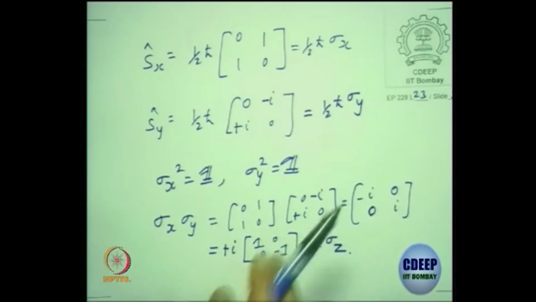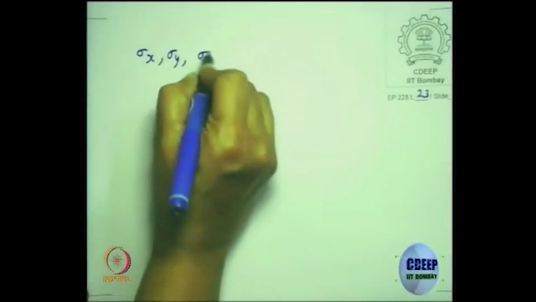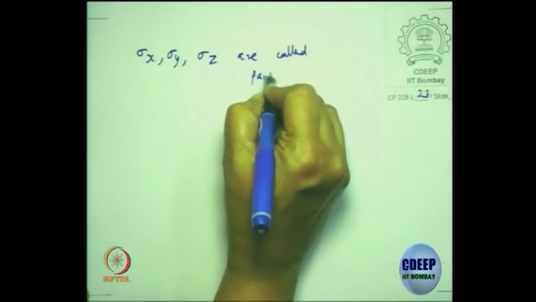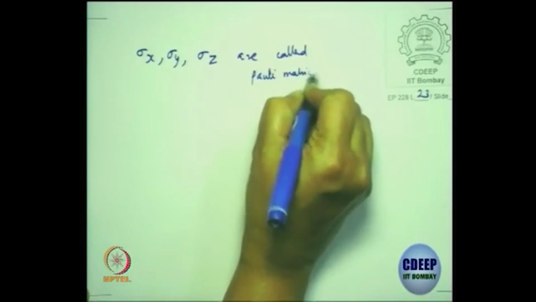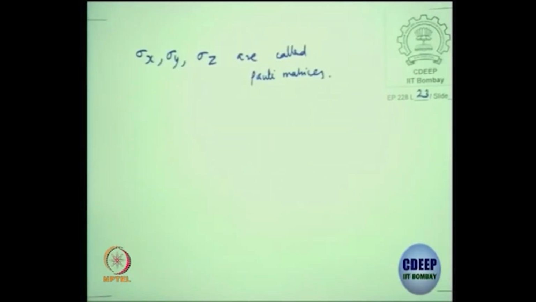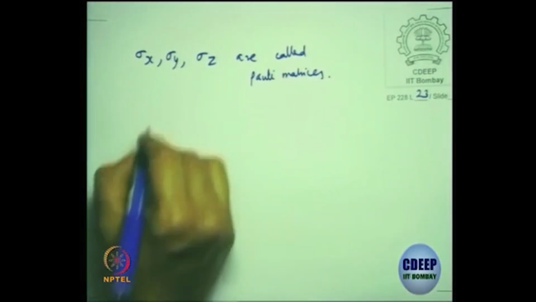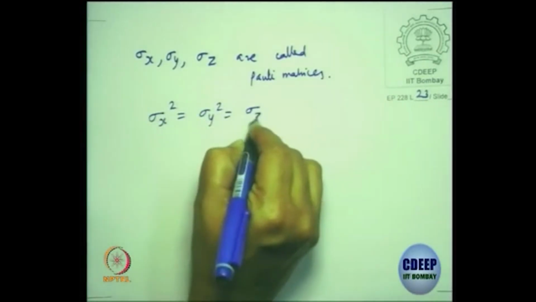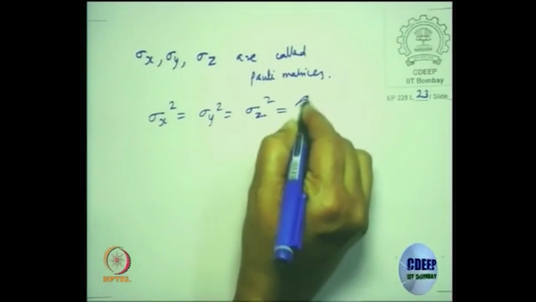So the sigma x, sigma y, sigma z in any textbook, if you start seeing, they are called the Pauli matrices. Sigma x, sigma y, sigma z are called Pauli matrices. What are the properties? Sigma x squared, sigma y squared, sigma z squared is identity.